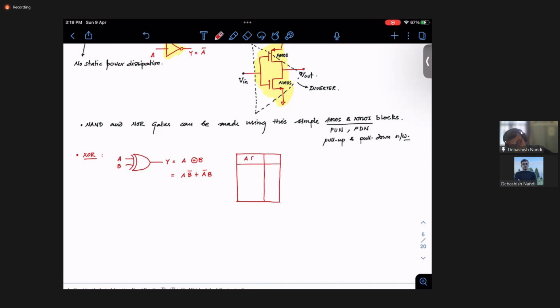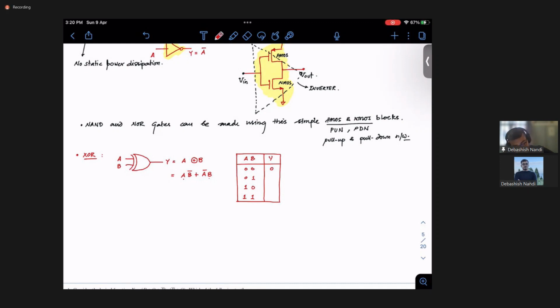The truth table looks something like this: 0 0, 0 1, 1 0, 1 1. So you see, when both are 0, that means it has to be 0, right? This is 0, and say B is also 0. This has to be 0, right?